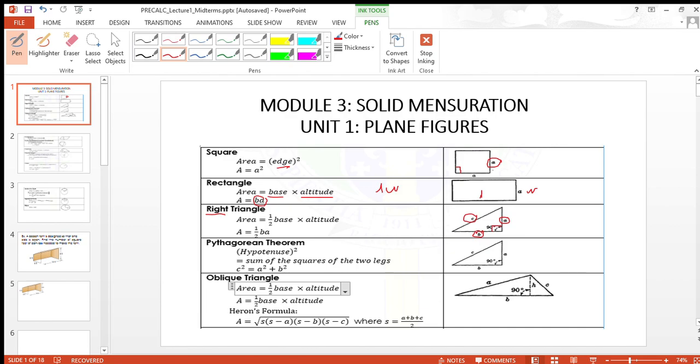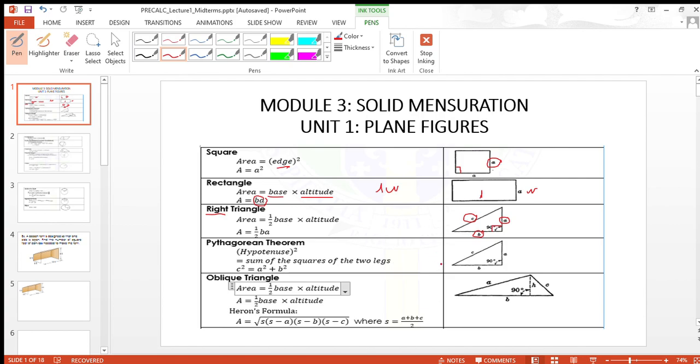The area for this right triangle is 1/2 base times altitude, or 1/2 base times height, wherein the base and the height for a right triangle will be the legs. So for this figure, the area is 1/2 b times a, since b and a are the legs of the right triangle.